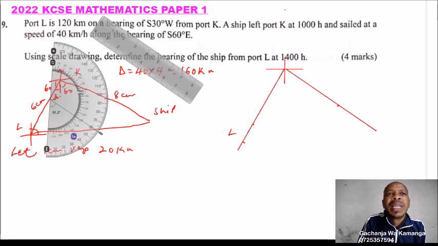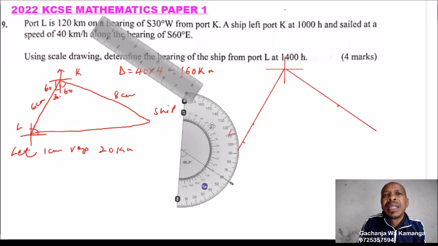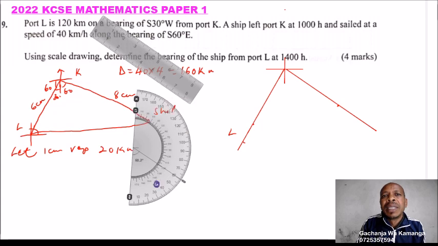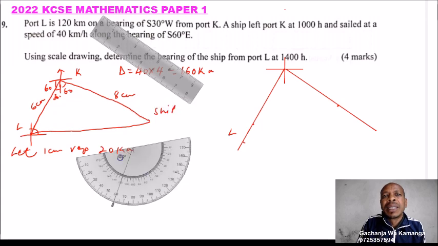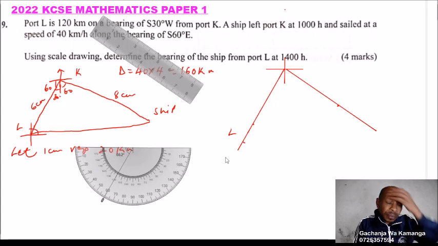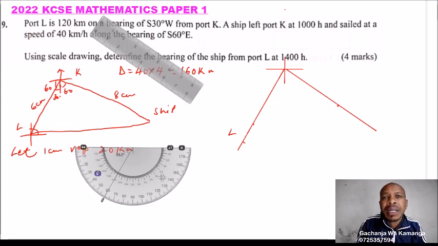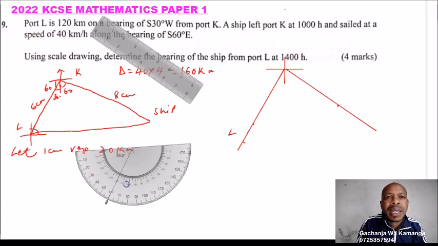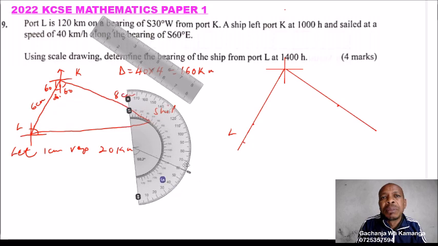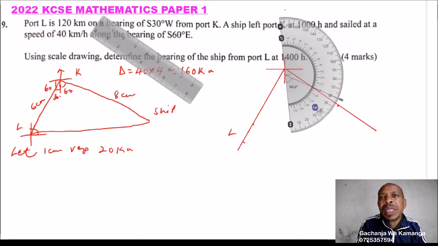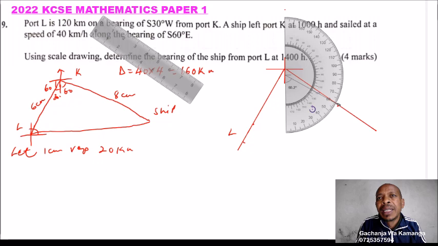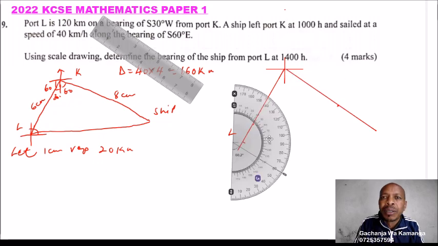So what we need now again is to get our compass at L. I'm going to use this ruler, this line here, to help me draw a vertical line here.